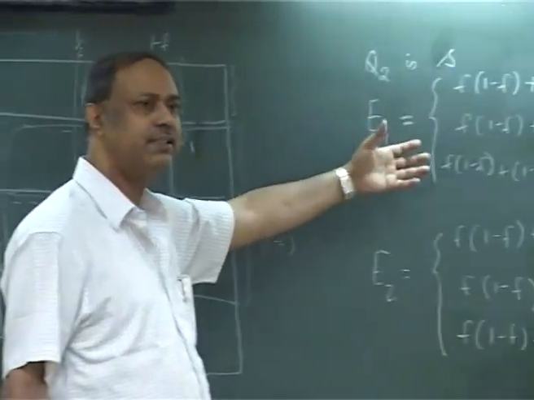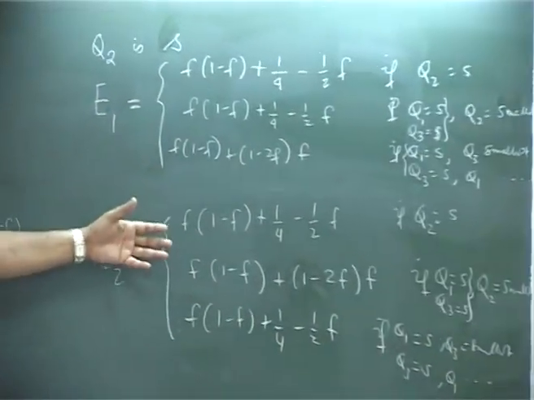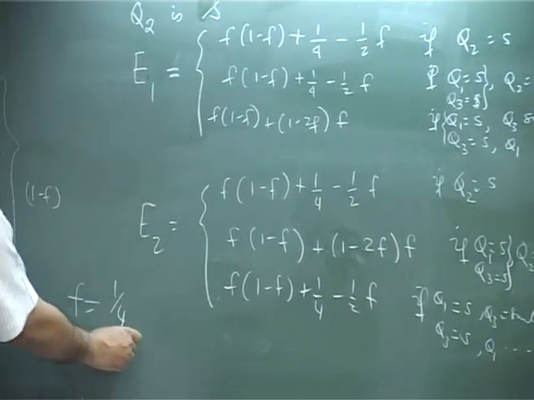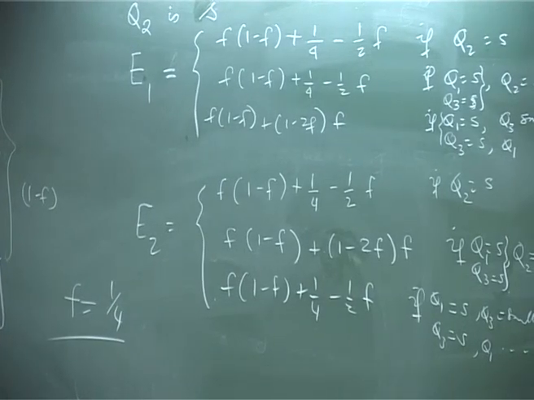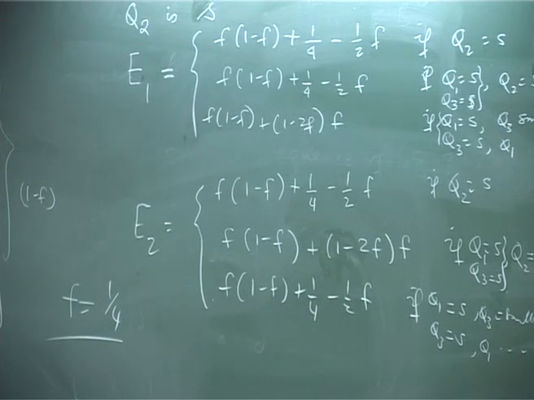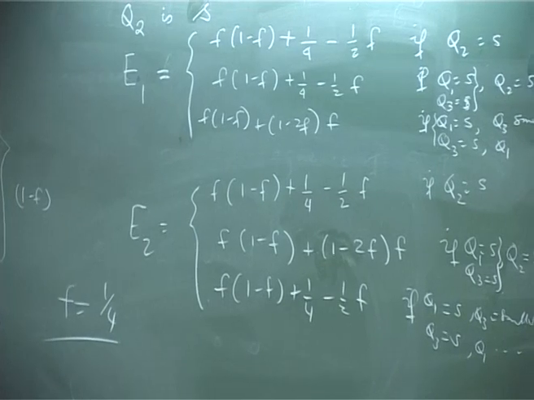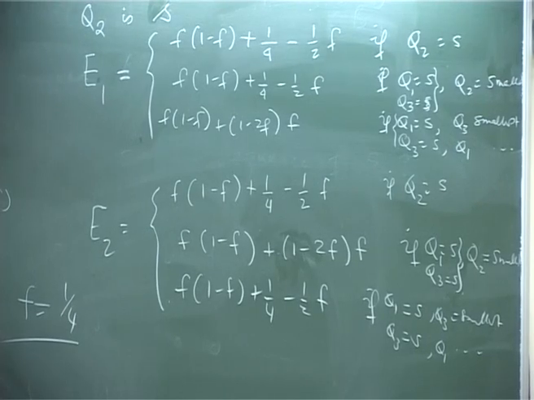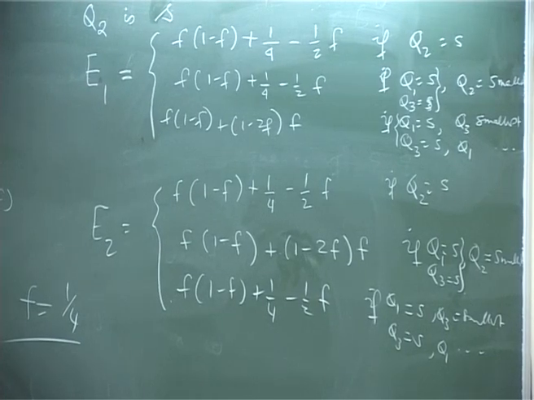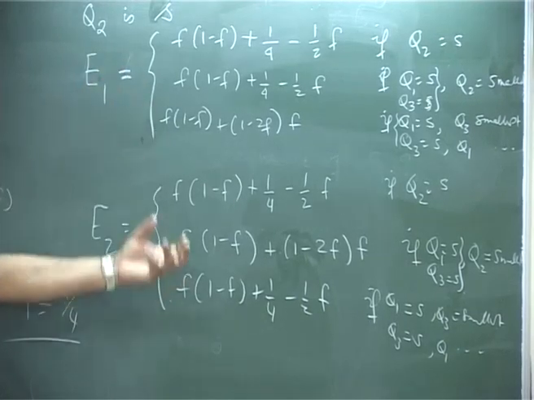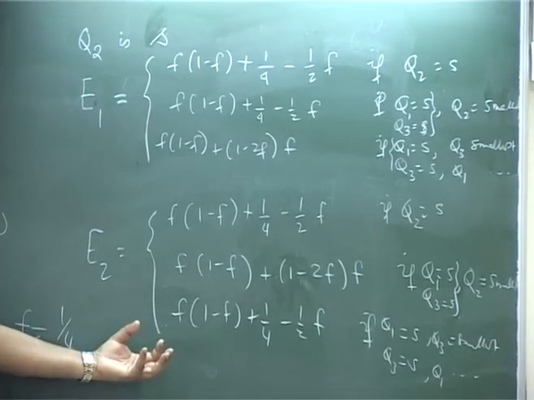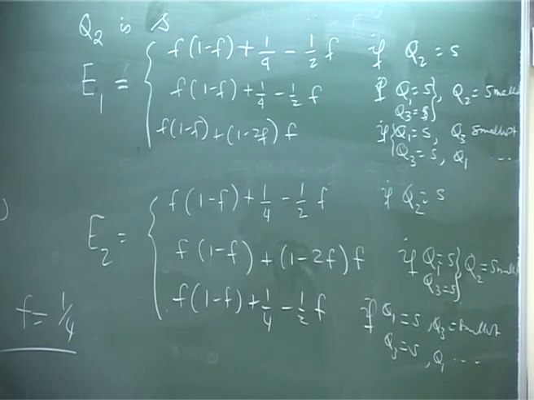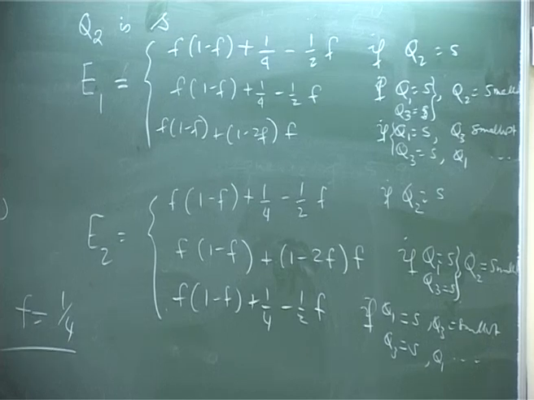So if I simply take the derivative of this, you will find that E1 and E2 will be maximum when F equals 1 by 4. Otherwise, if you increase F, you may find E1 is increasing, but E2 is decreasing. So that will not help you. You have to optimize in such a way that you get the guaranteed discarding part.